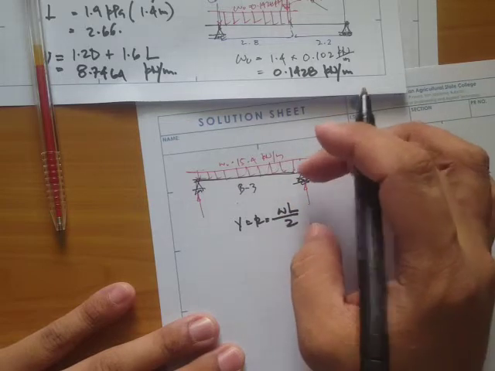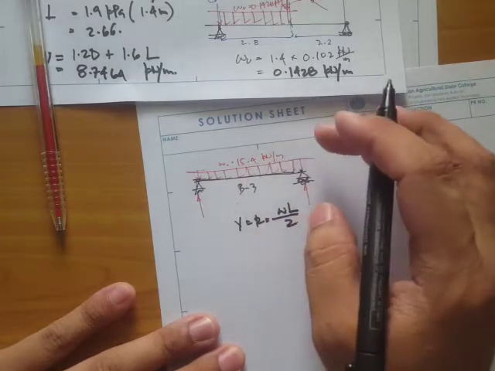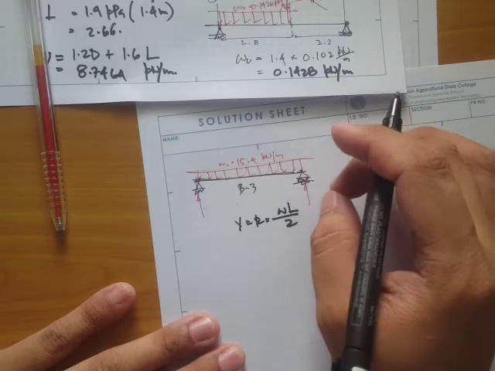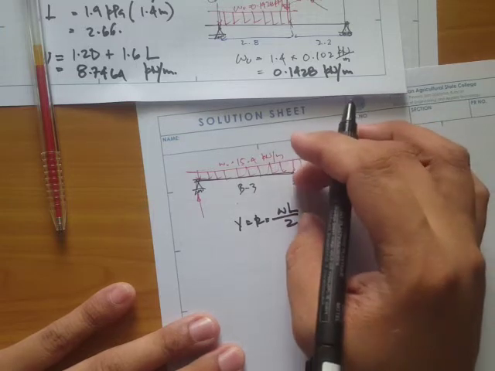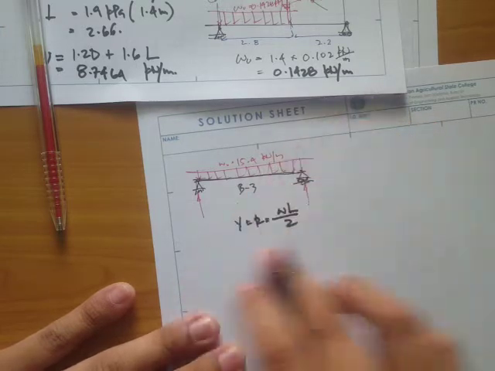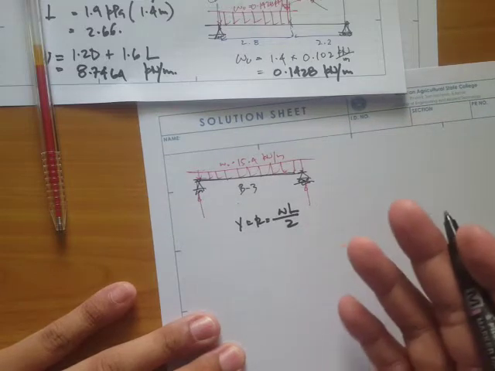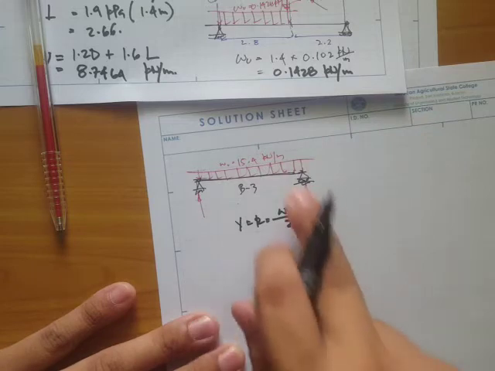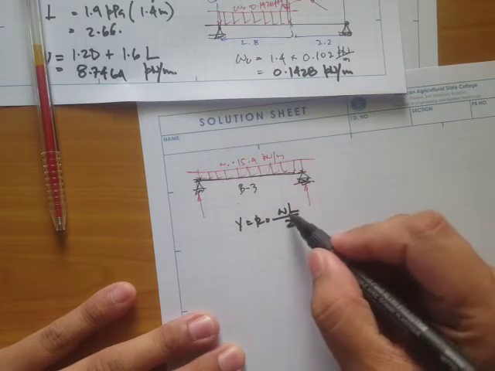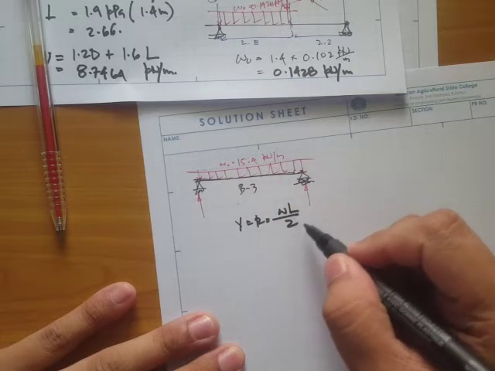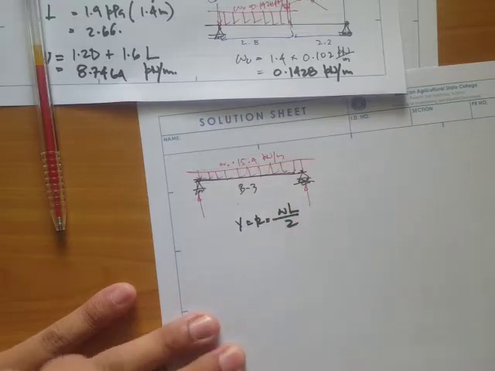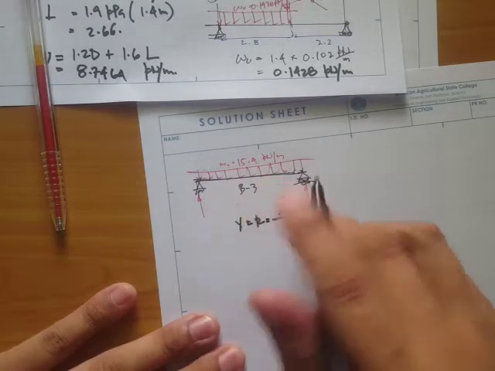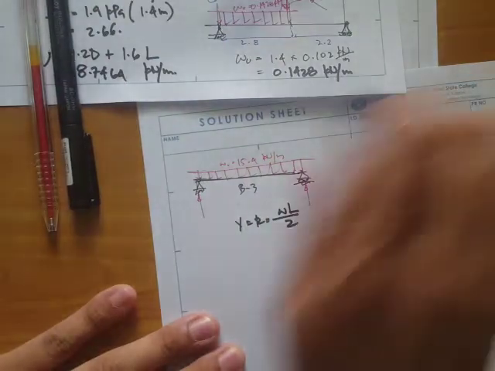You can find a lot of loadings and beam conditions in those tables, and the equations for maximum shear, maximum moments and so on. For this, it is just simple. So this is WL all over 2. The length is 6 meters.